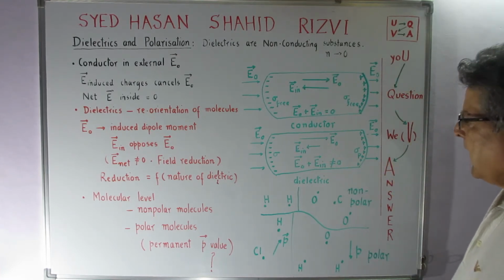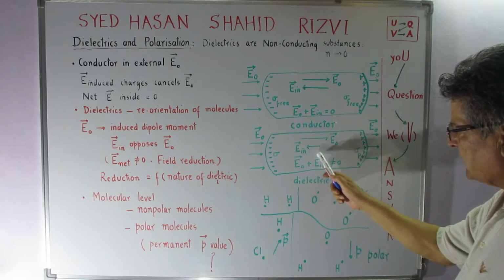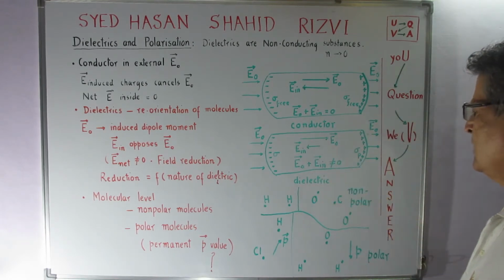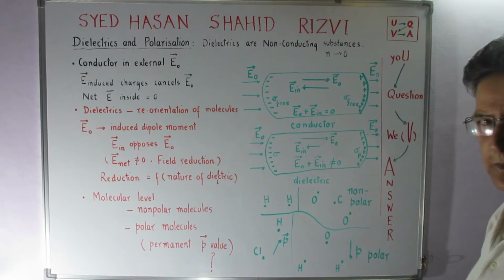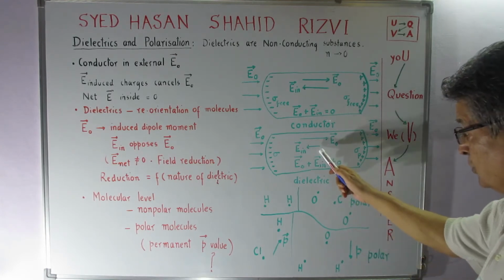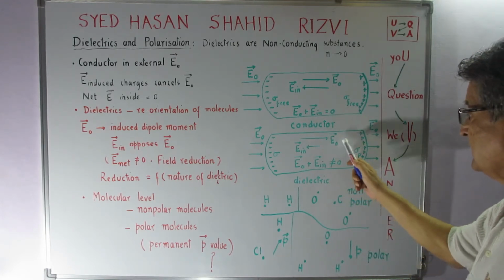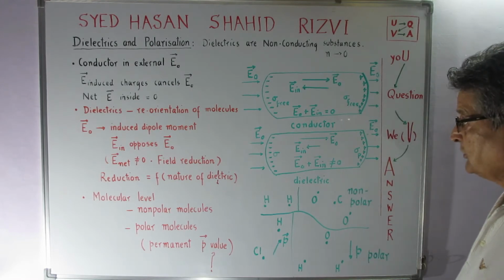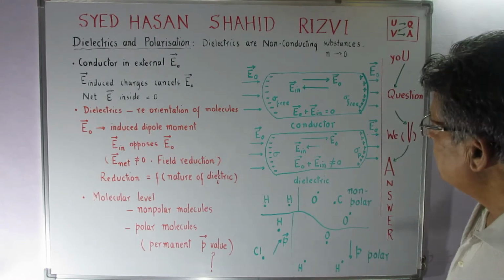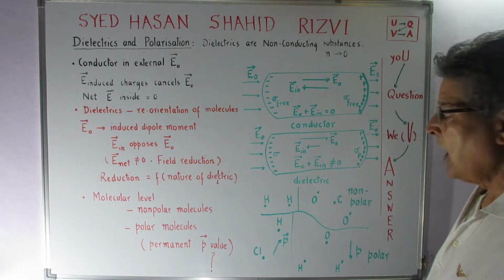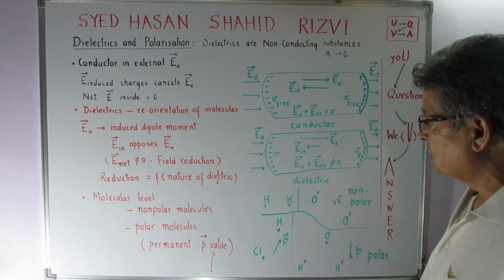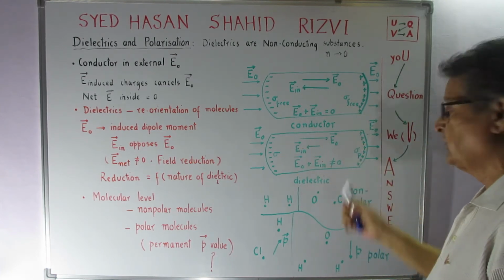Okay, and there is an internal field which is generated, which has been shown to be of a length less than this length. That means the sum of the two fields which are opposite to each other is not equal to 0, it's rather in the same direction.